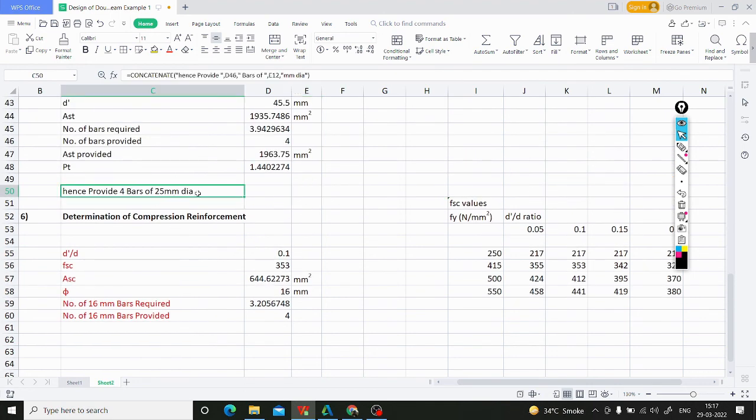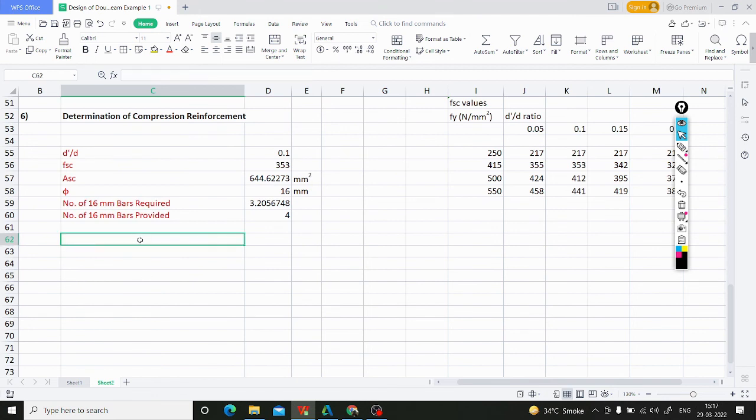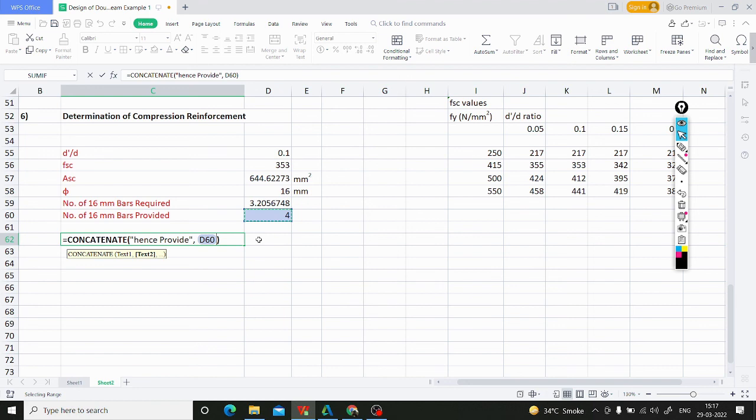We can provide a statement here. Hence 4 bars. We can use the CONCATENATE function, double inverted comma, hence provide, comma, 4 bars of 16 mm diameter.